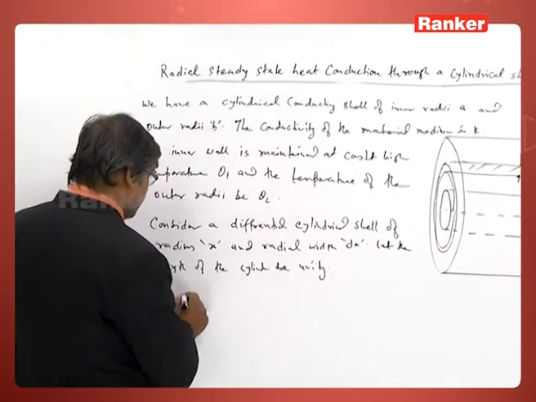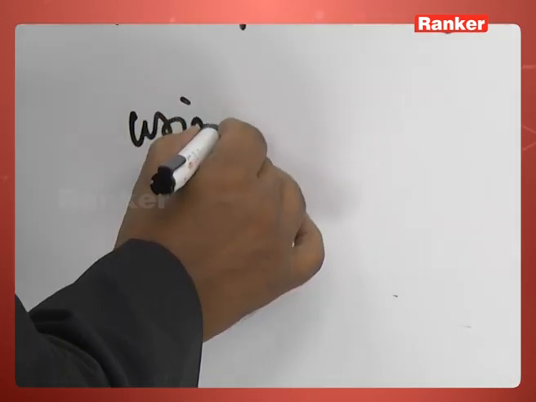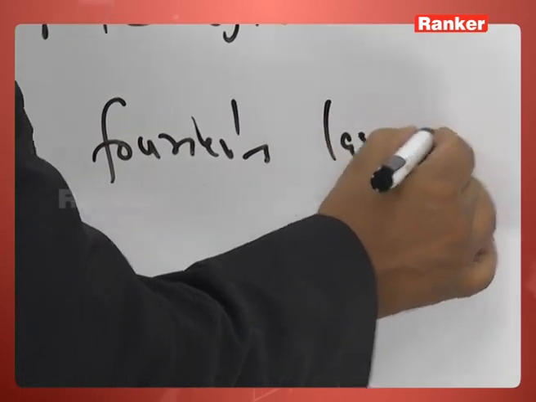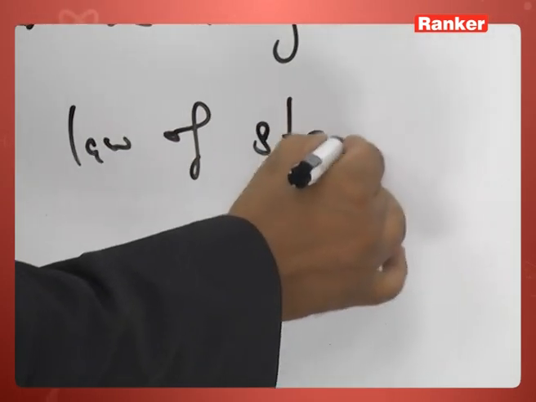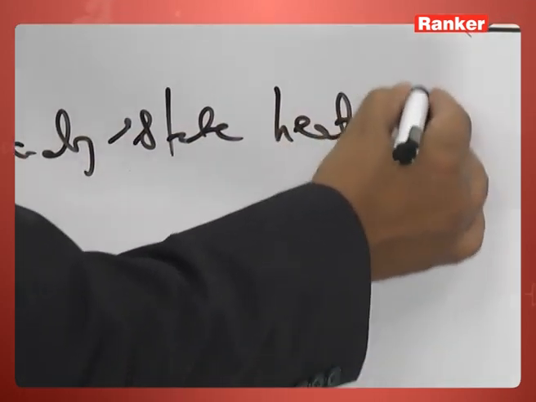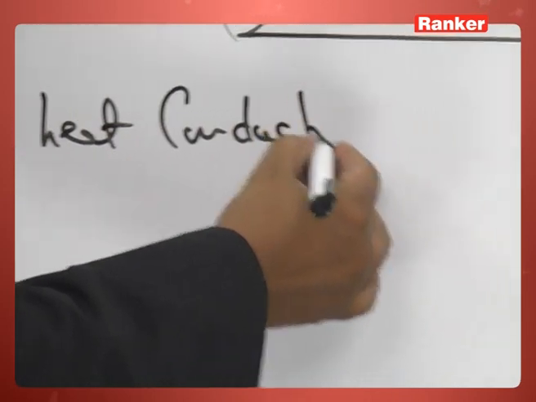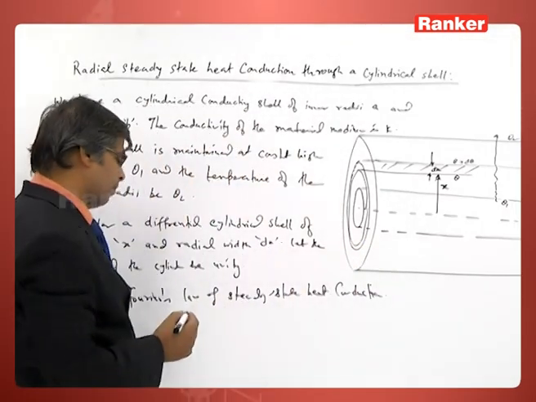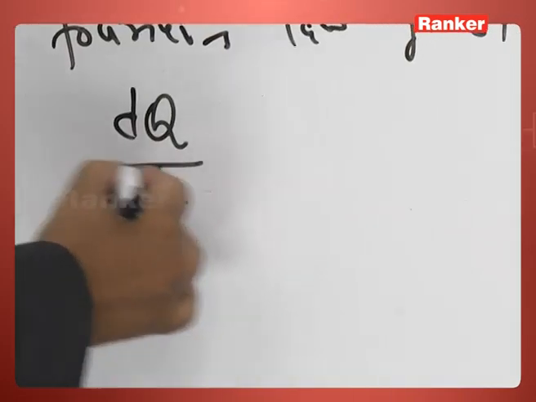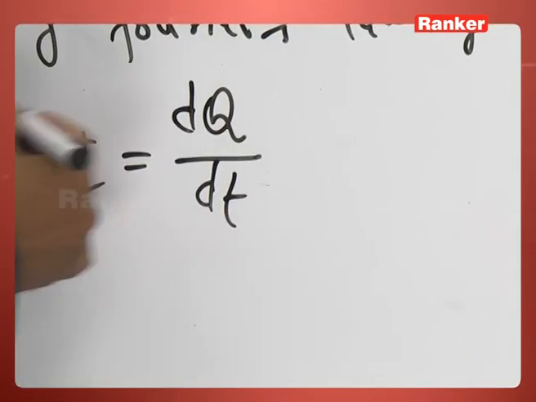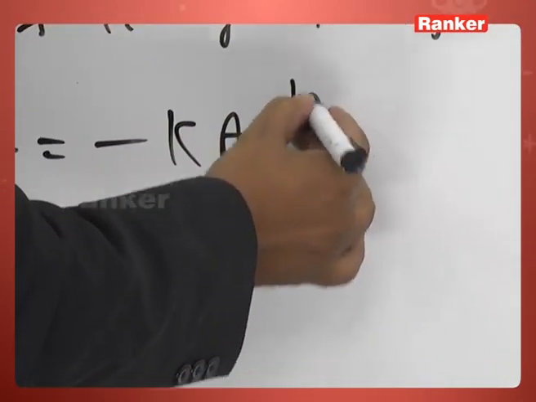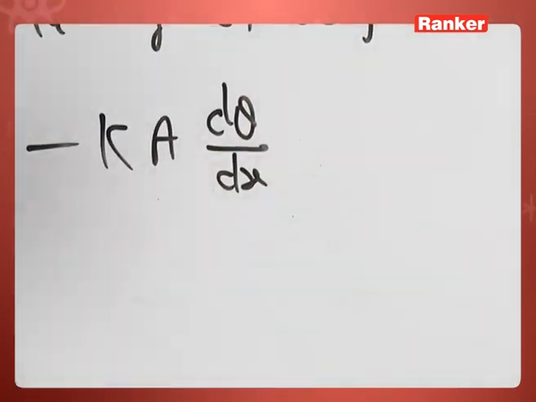So, using Fourier's law of steady state heat conduction, according to Fourier's law, the rate of heat flow dq by dt, which I will write as I, is equal to minus K A d theta by dx.